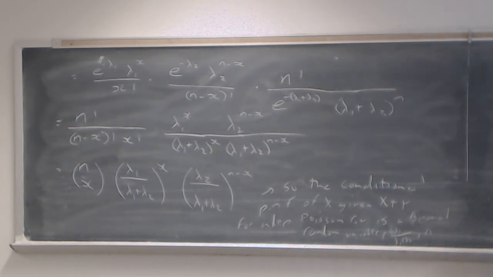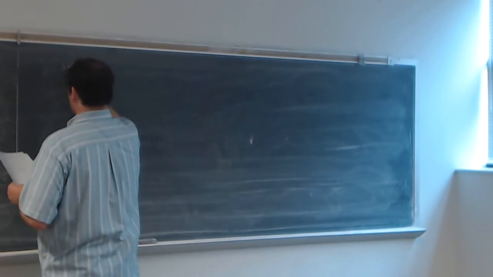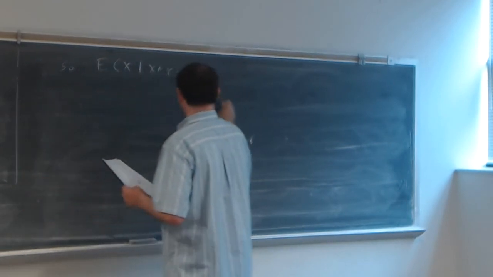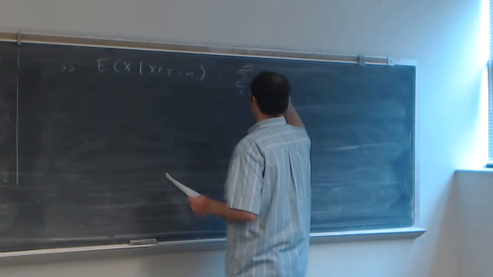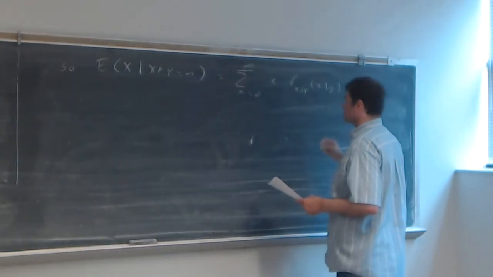Let's not forget what we're trying to find. The expected value of x given x plus y equals n is the sum over all x values, running from 0 to infinity, of x times the conditional PMF that we just found.